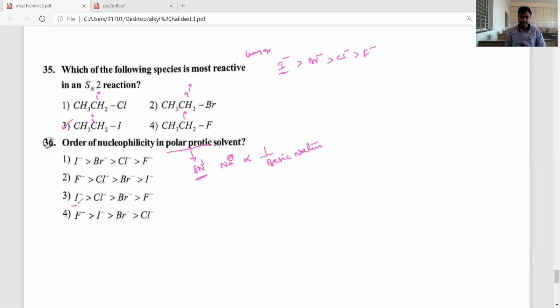The answer is I minus is weak. So basicity order is F minus, then Cl minus, then Br minus, then I minus. So for SN1 reactivity order, I minus is more than Br minus, then Cl minus, then F minus. So the answer is third one.